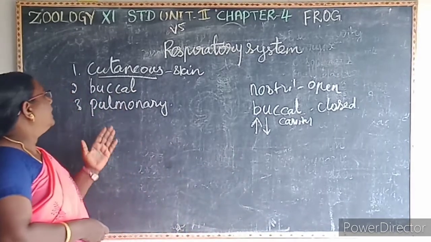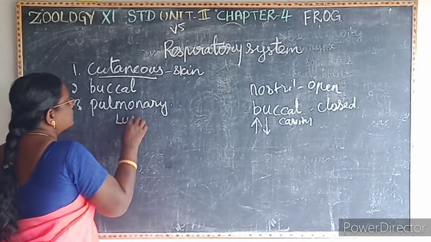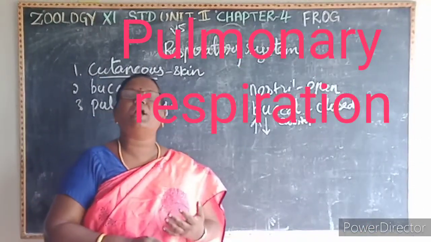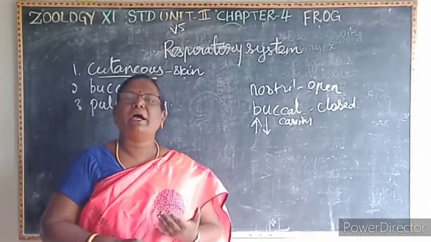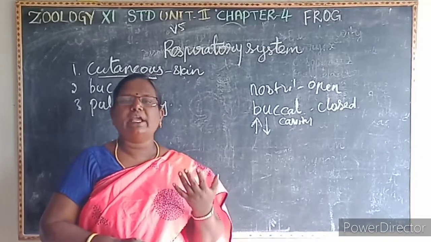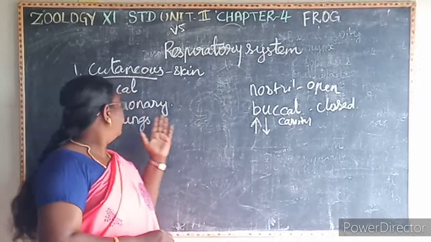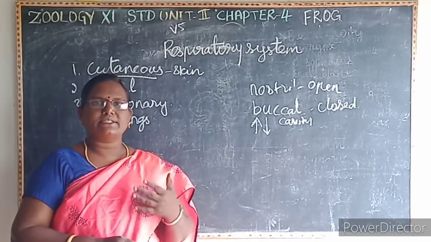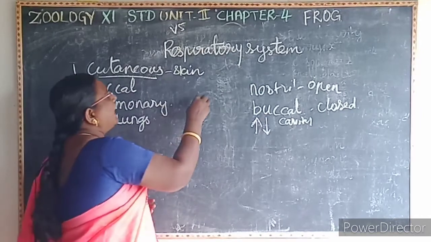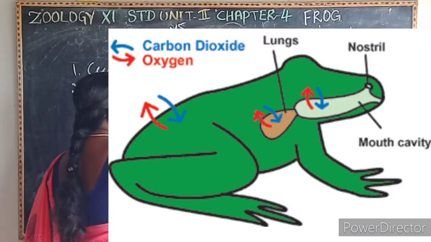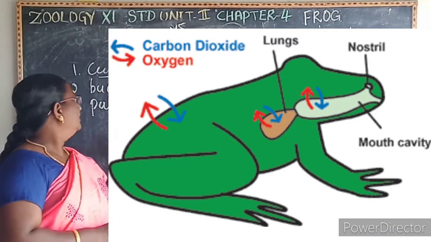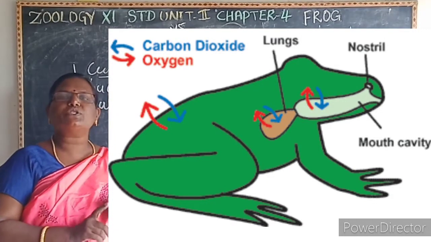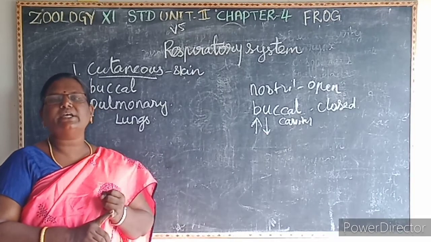Then our next one: if the respiration takes place through the lungs, it is known as what? Pulmonary respiration. A pair of soft, elongated, pink colored lungs are present in the thorax. Air is drawn into the pharynx and then into the lungs, where exchange of gases takes place. So if respiration takes place through the skin, it is cutaneous respiration.